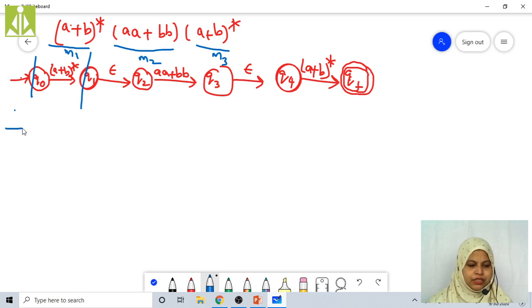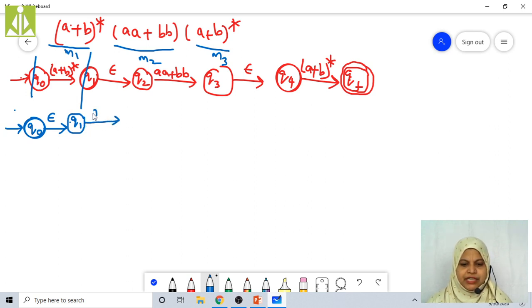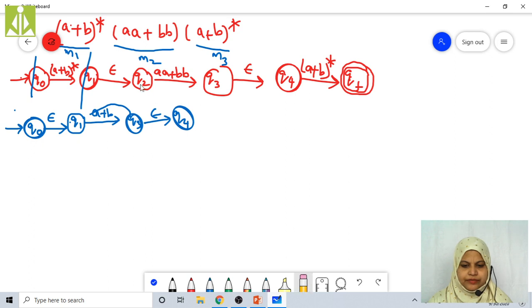So Q naught, epsilon, Q naught, epsilon, then Q naught, epsilon, here Q1. Here my epsilon closure is A plus B, then Q3, then epsilon, Q4.